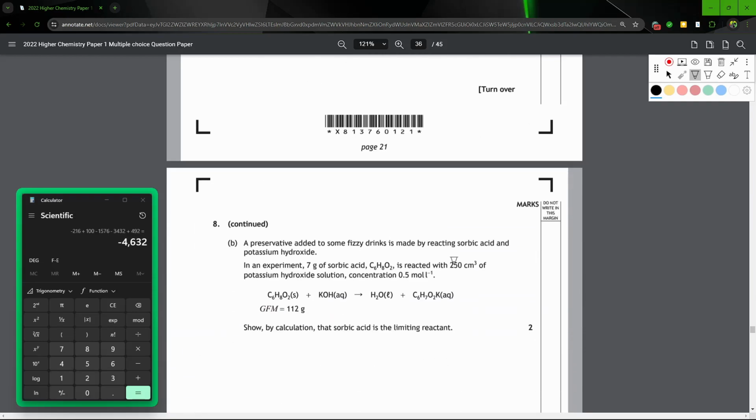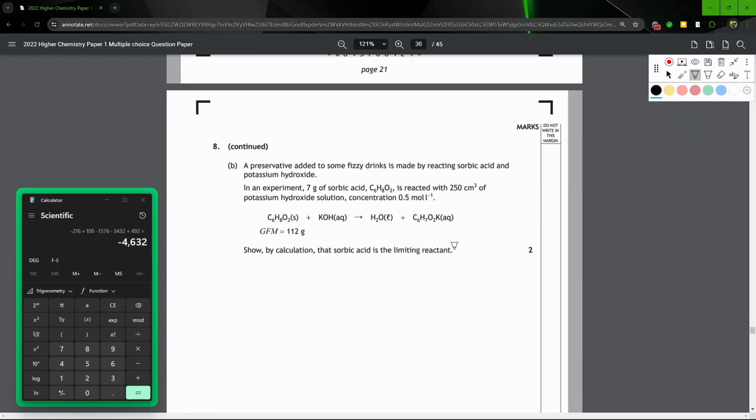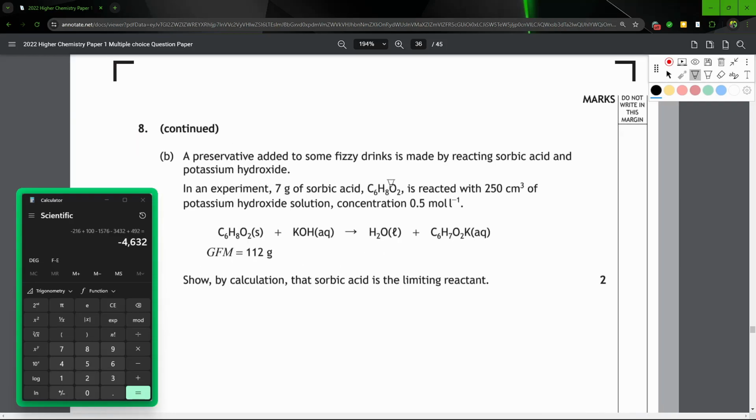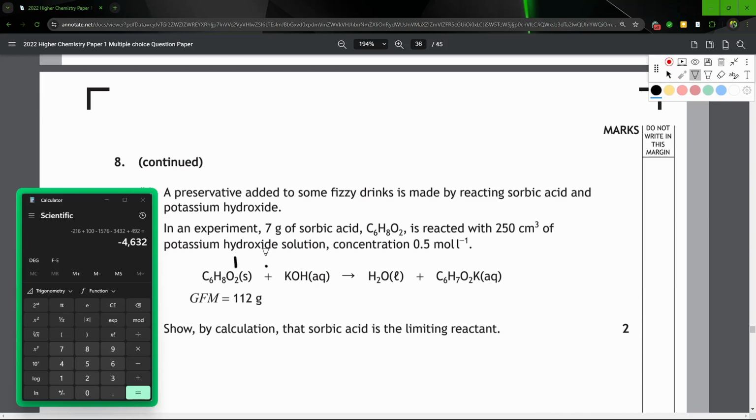A preservative added to some fizzy drinks is made by reacting sorbic acid with potassium hydroxide. In an experiment, 7 grams of sorbic acid, C6H8O2, is reacted with 250 cubic centimetres of potassium hydroxide solution, concentration 0.5 moles per litre. Show by calculation that the sorbic acid is the limiting reactant. Because this is a 1-to-1 molar ratio, I'm going to calculate the number of moles of sorbic acid and of potassium hydroxide and see which one is bigger.